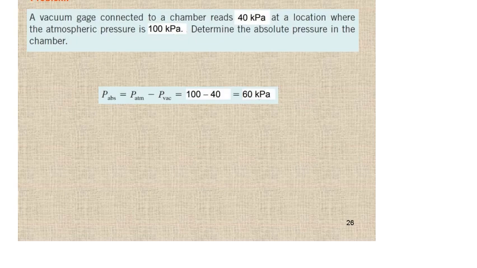Here we have a problem in which we need to find the absolute pressure. Vacuum pressure is given, which is 40 kilopascal, and atmospheric pressure is given, which is 100 kilopascal. We know that absolute pressure is equal to atmospheric pressure minus vacuum pressure. If we subtract them, we will obtain 60 kilopascal.